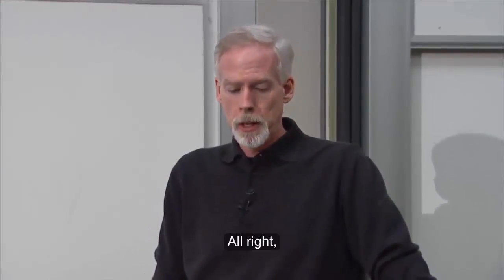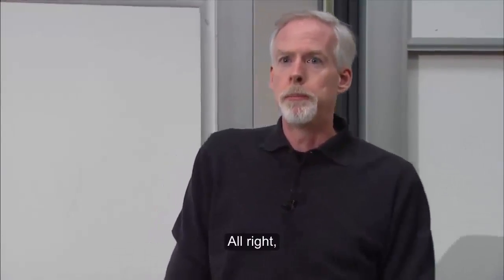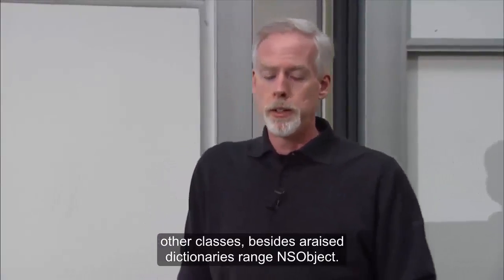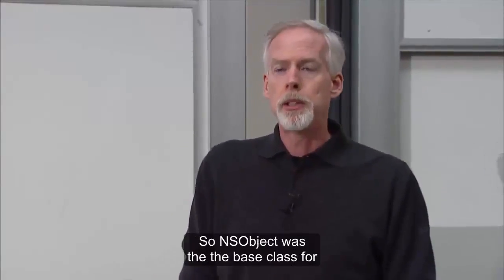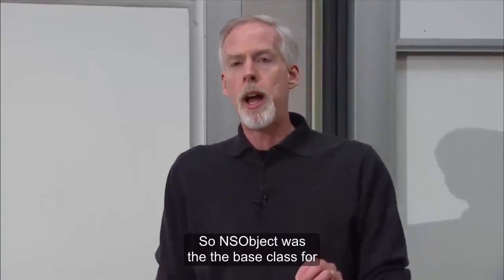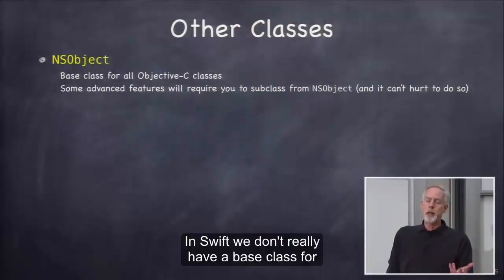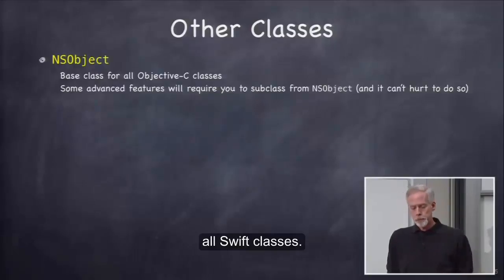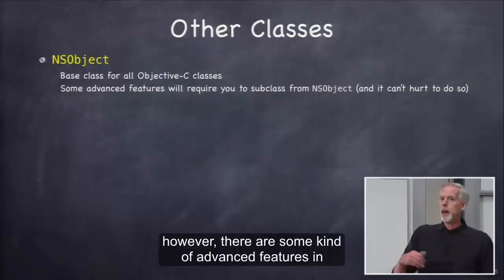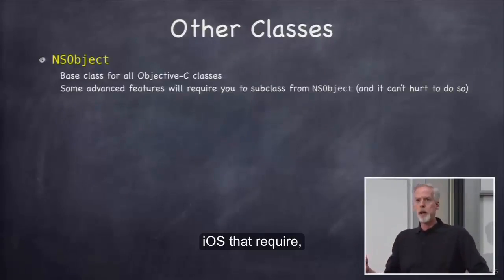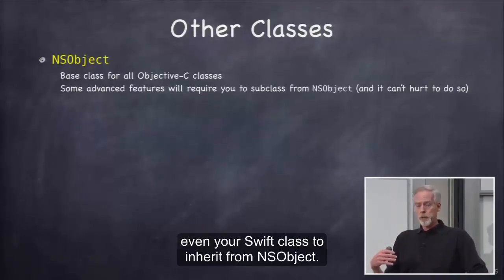All right, other classes besides arrays, dictionaries, and range. NSObject. NSObject was the base class for all Objective-C classes. In Swift, we don't really have a base class for all Swift classes. However, there are some advanced features in iOS that require even your Swift class to inherit from NSObject.